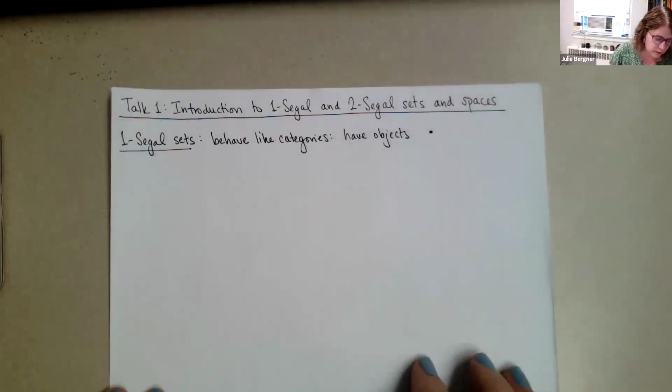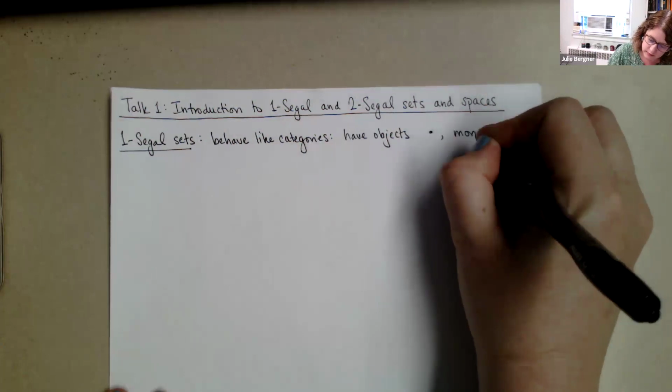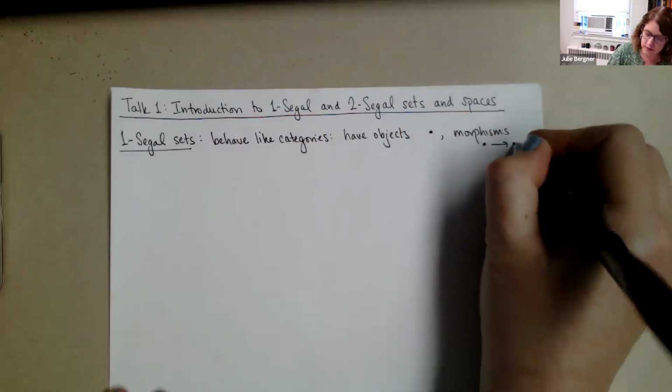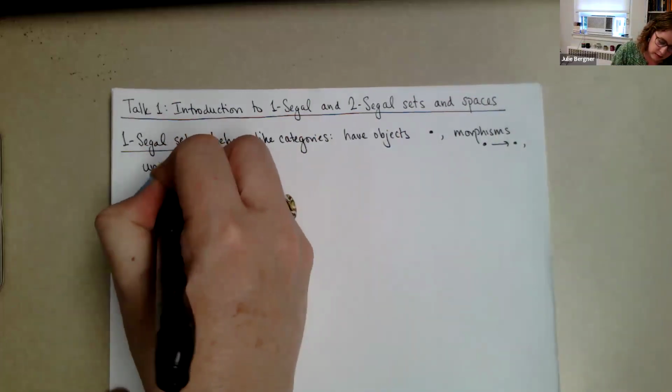So I'll denote those with dots. They have morphisms. So we think of those as arrows between dots. We have unique composition.